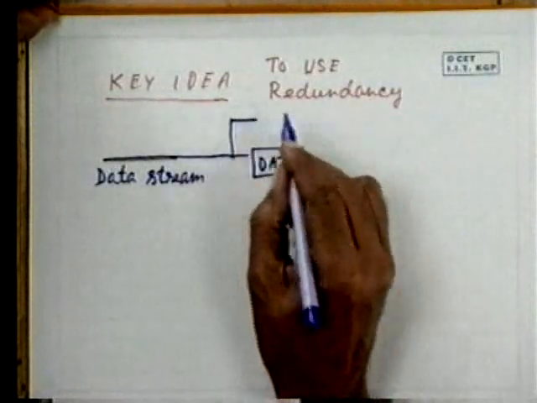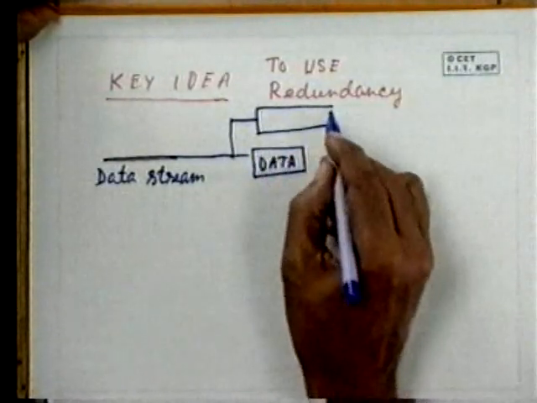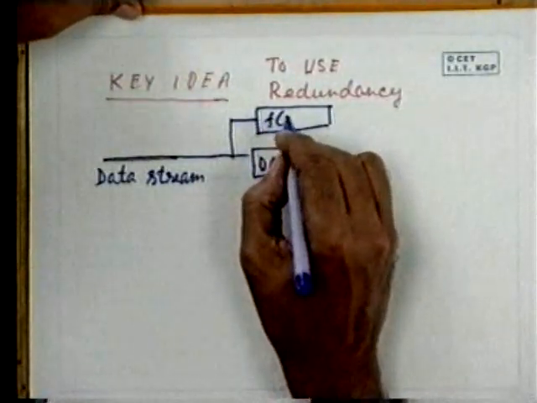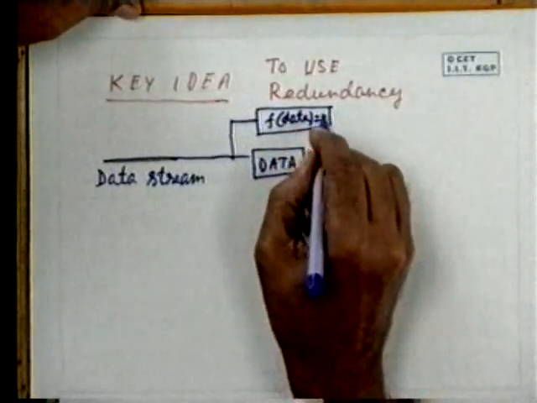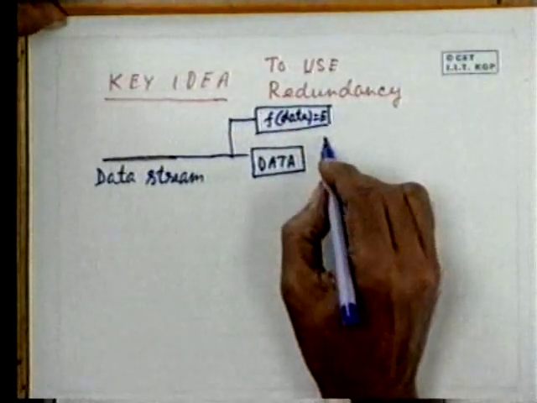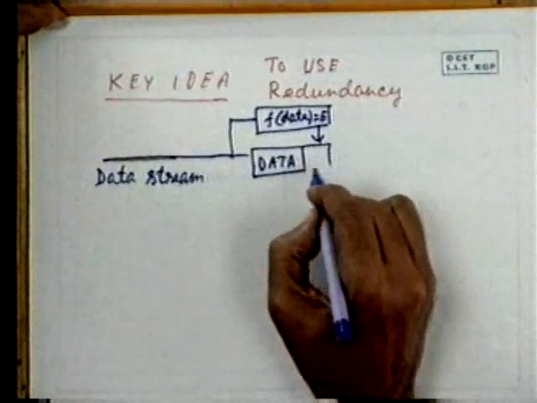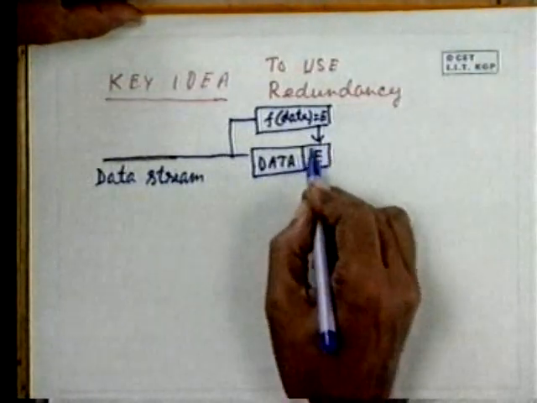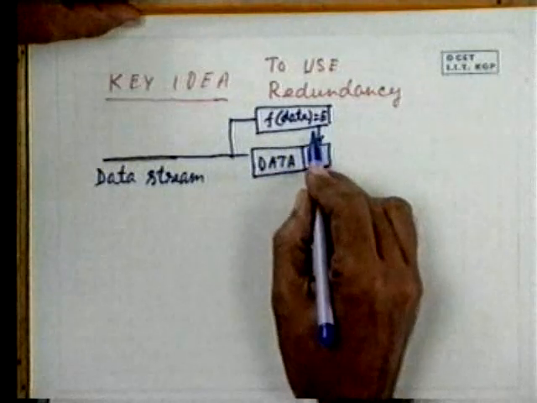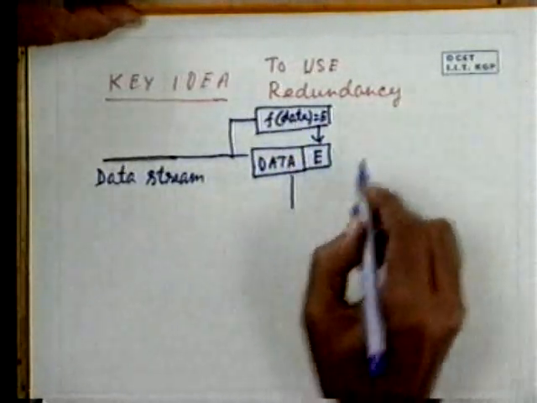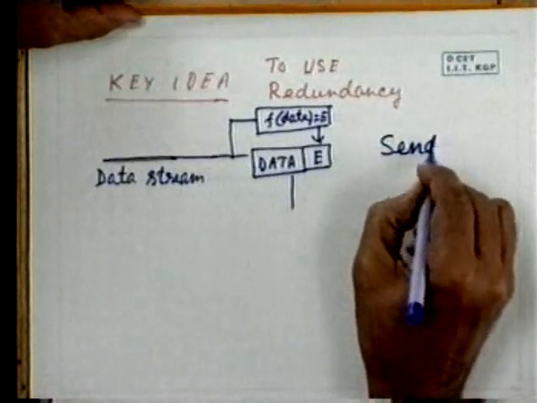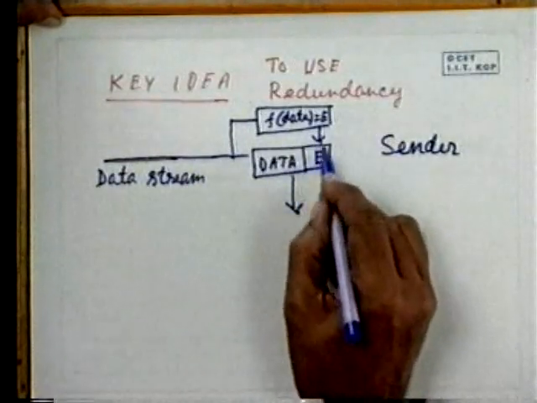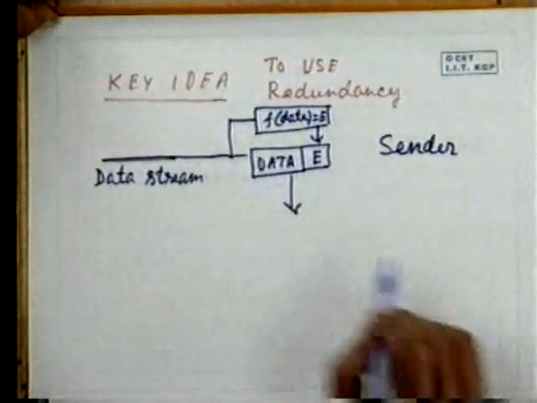Then this is subjected to a coding technique. Let it be described as f. f of data is equal to E, which is being generated, and that E is concatenated with your data. So this data along with the extra bits which are generated by operating on data is sent. This is the sender side, and this is transmitted. So this is the redundancy which is used for coding the data.